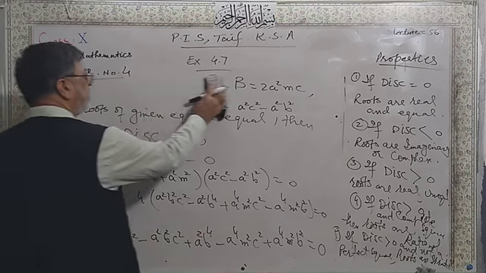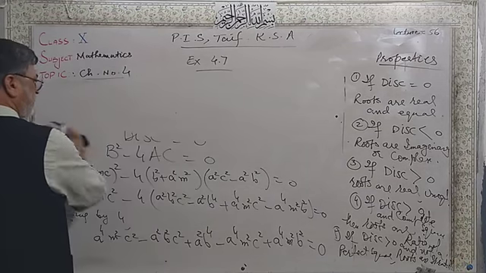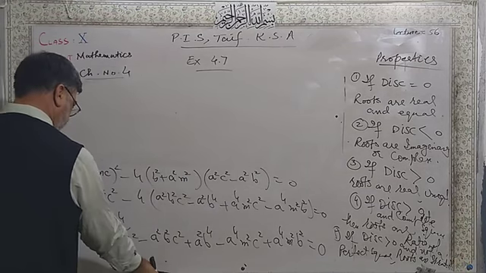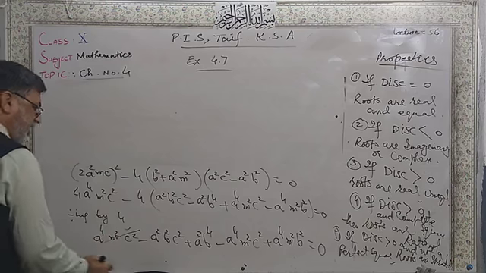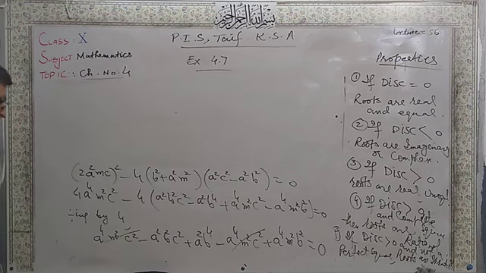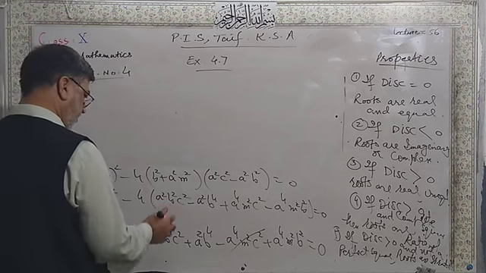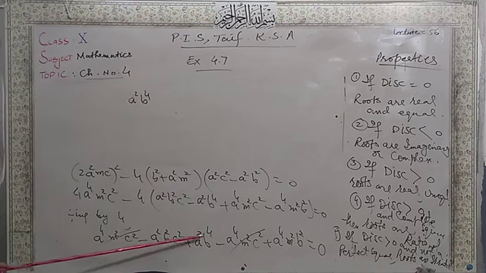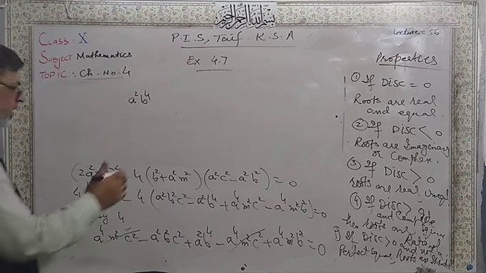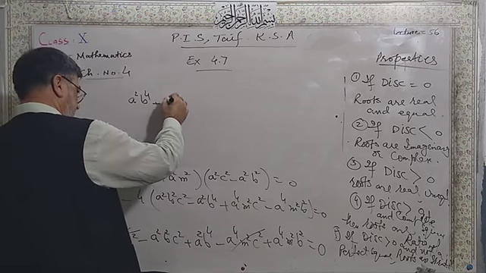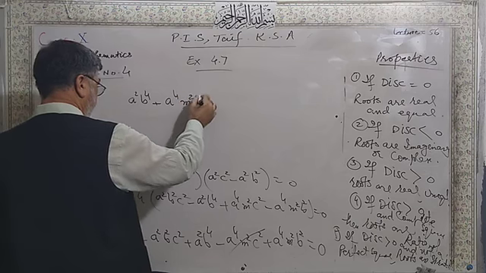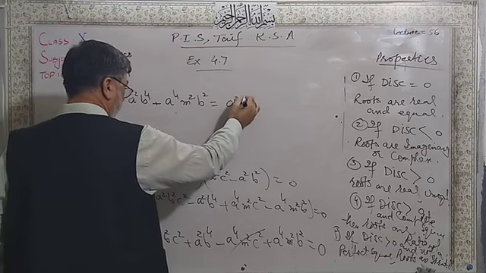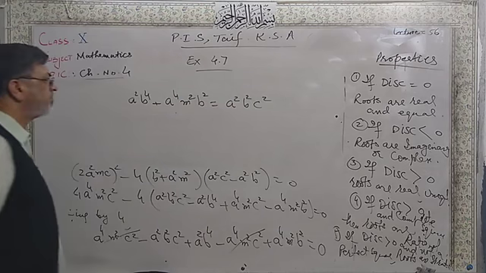After that, you can check a4 m square c square and a4 m square c square, they are cancelled out. Now we are left with a square b4, a square b4 plus a4 m square b square is equal to a square b square c square.